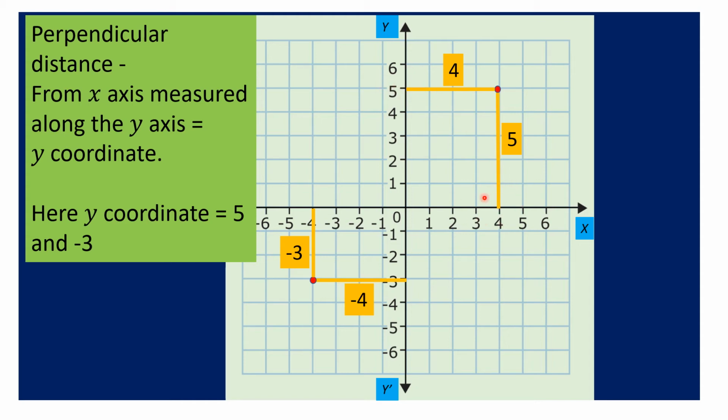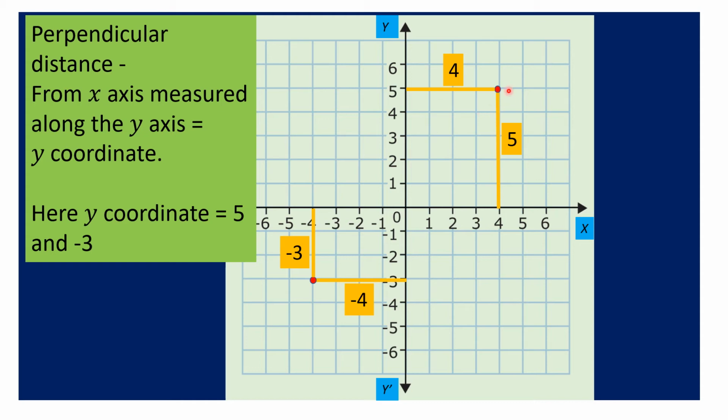From the x-axis along the y-axis is called the y-coordinate. From the y-axis along the x-axis is called the x-coordinate, right?